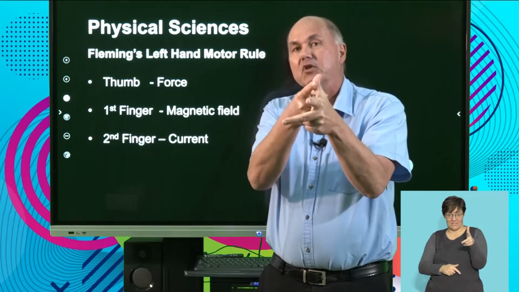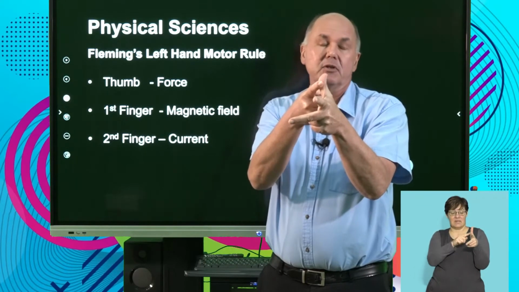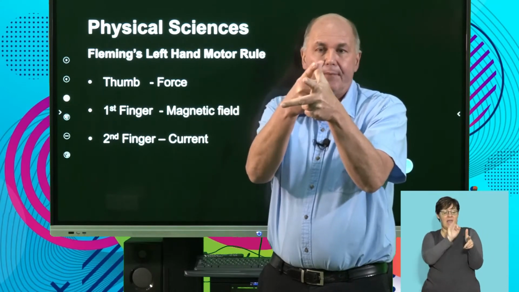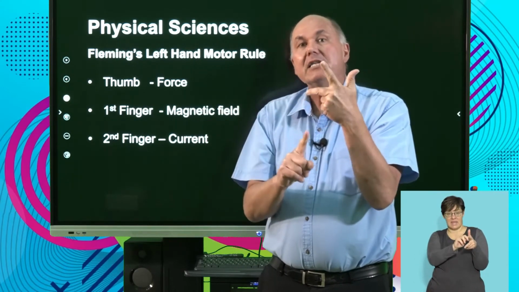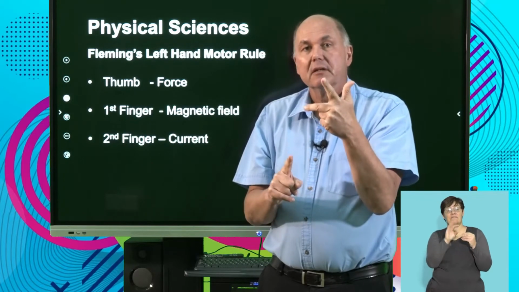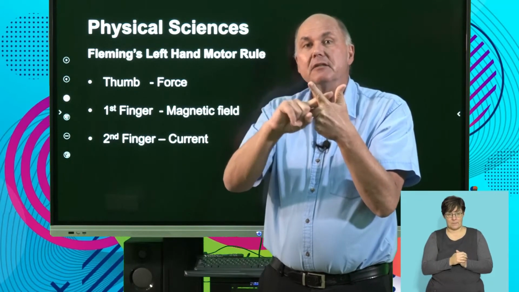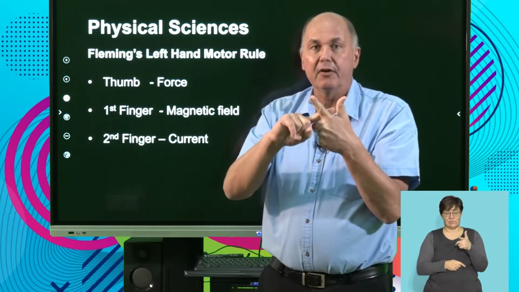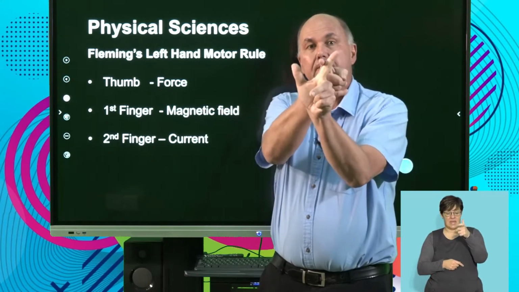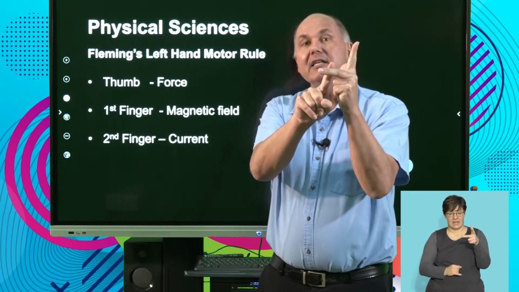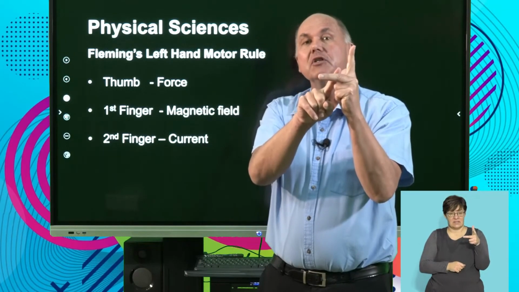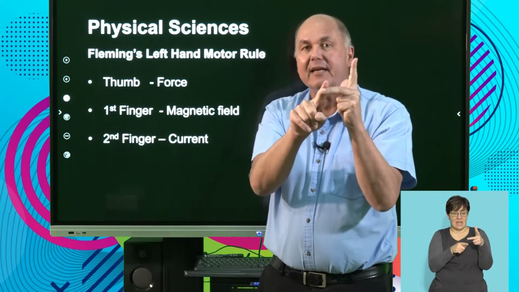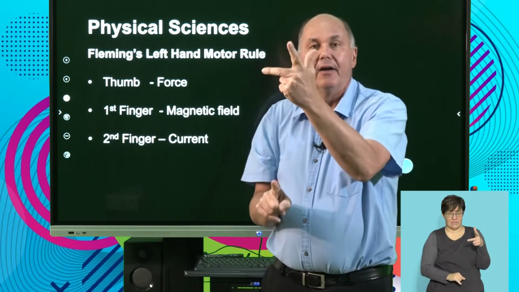So thumb starts with TH, and thrust, which is another word for force, F goes with the thumb. B is for the magnetic field, and that, I say, field with an F goes for the first finger. Okay, so F, B, and I is for the current. Current goes for the second. Can you see there's a C in second, so it's FBI, okay?